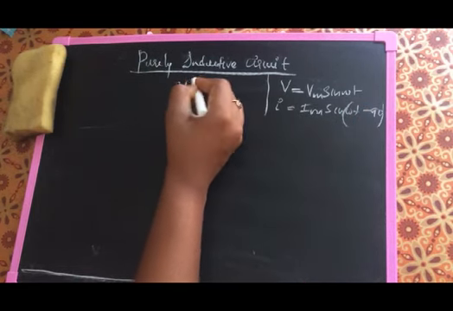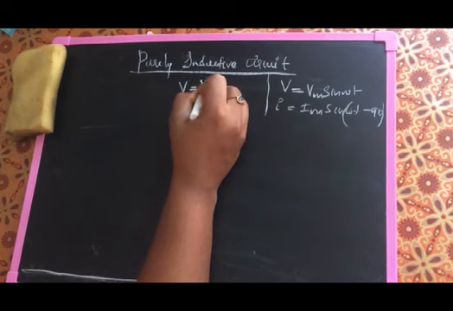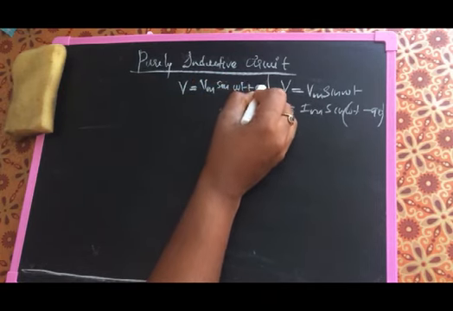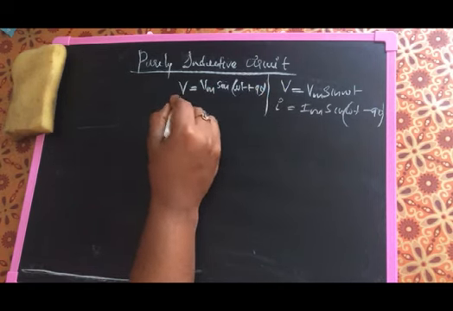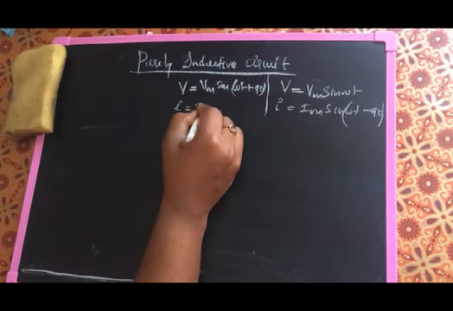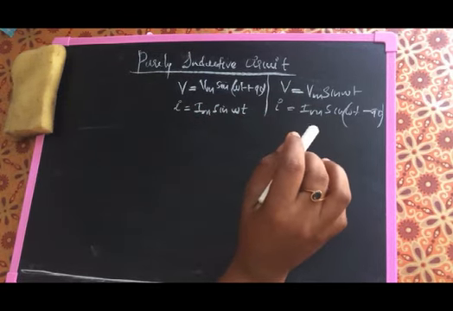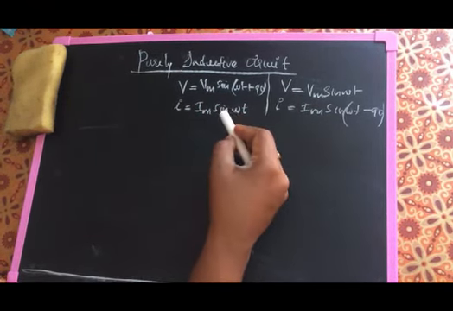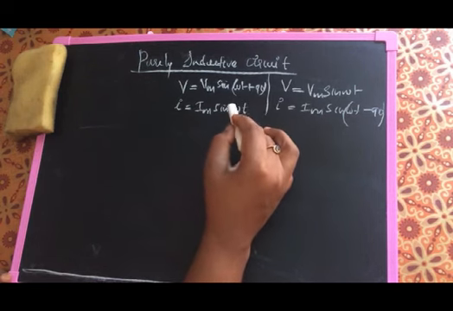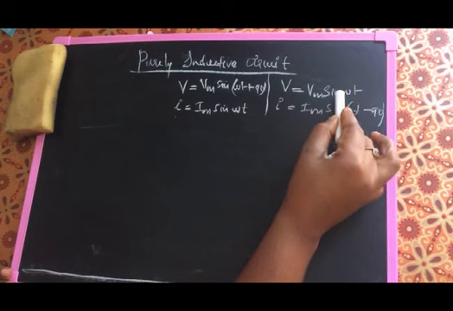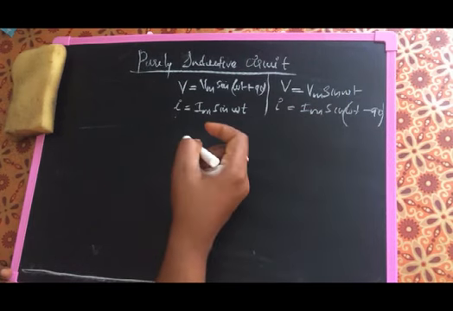Or you can write, as we have already derived before, v = Vm sin(omega t + 90 degree) and i = Im sin omega t. Both these equations are the same. They differ only in what you are taking as the reference. Here the reference is taken as current and here the reference is taken as voltage.